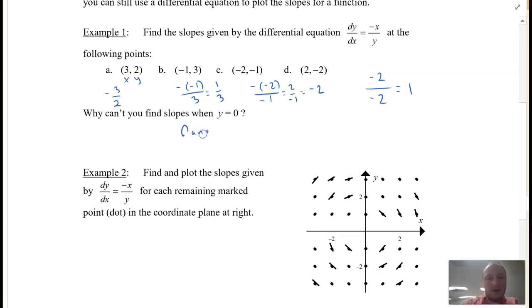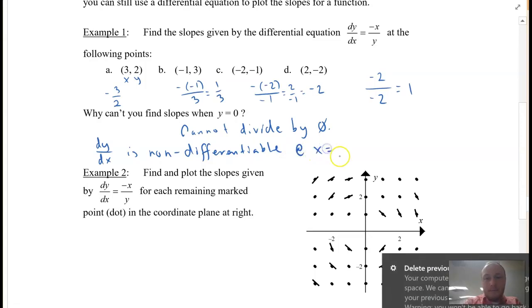So dy/dx is non-differentiable at y equals 0.